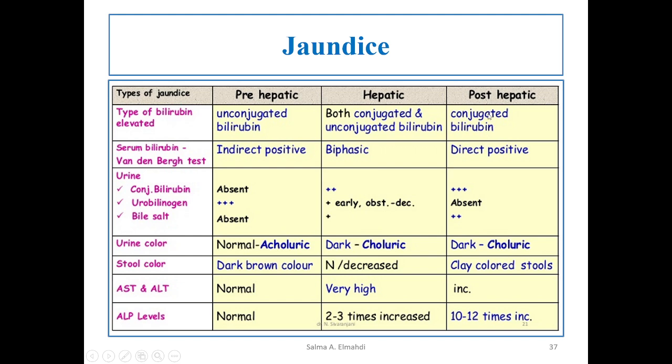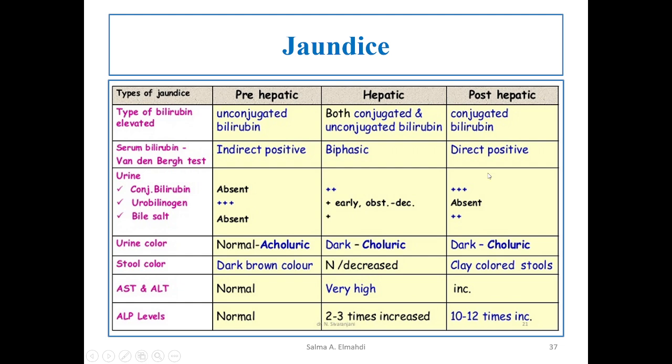So in the laboratory test for prehepatic jaundice, the indirect bilirubin will be high, and in post-hepatic, the direct bilirubin will be high, and in the hepatic, of course, it will be a mixture. Prehepatic is unconjugated, so it is not expected to be conjugated, and of course, it will not find its way into bile, so both of them will be absent, but urobilinogen will be quite high.